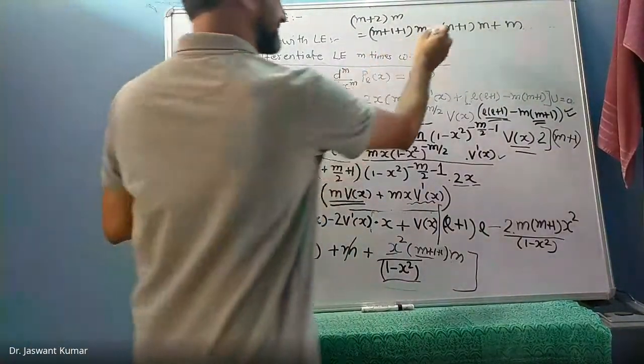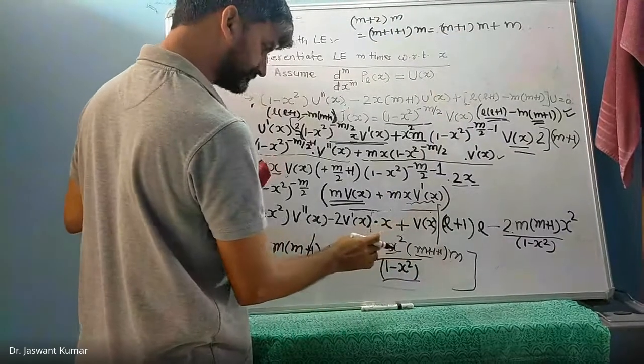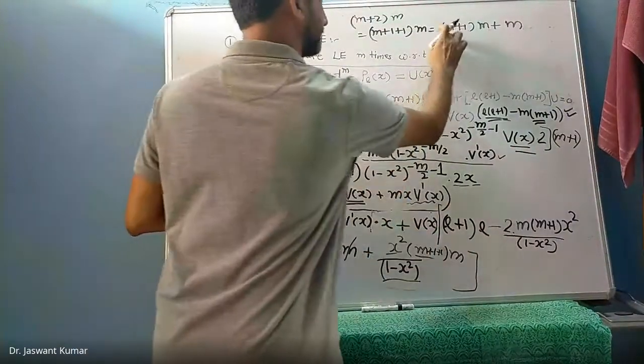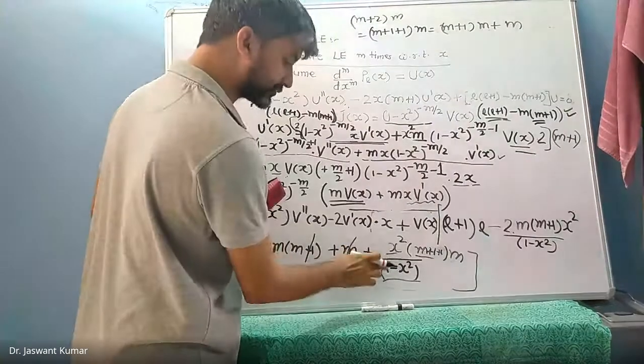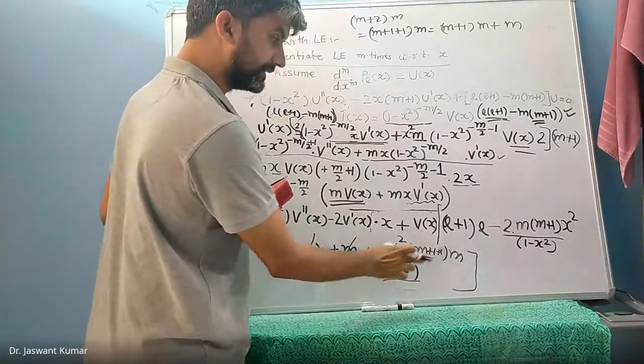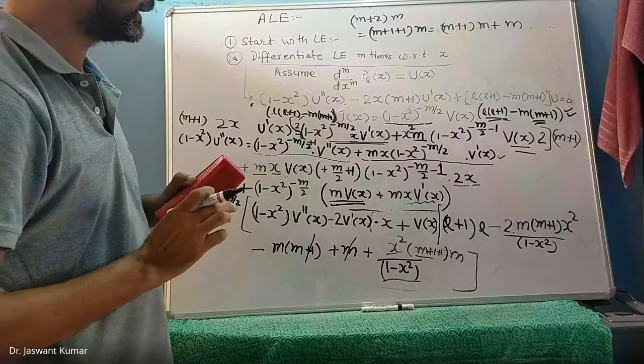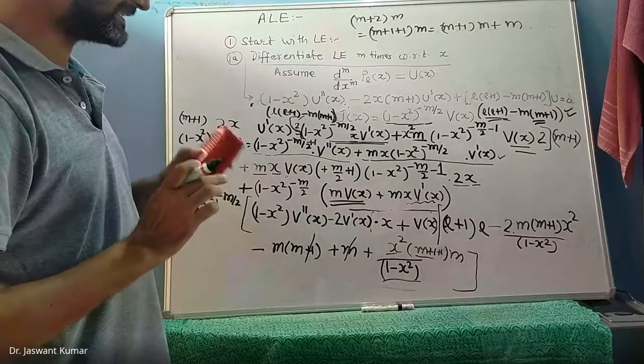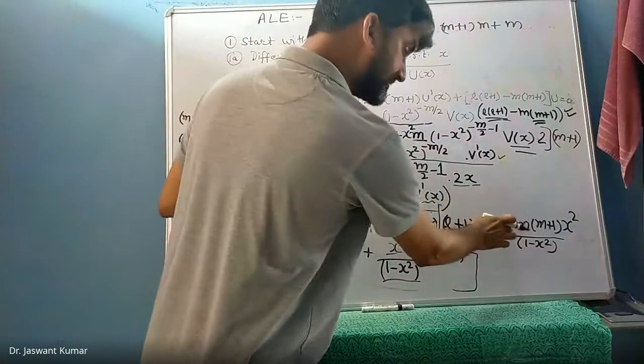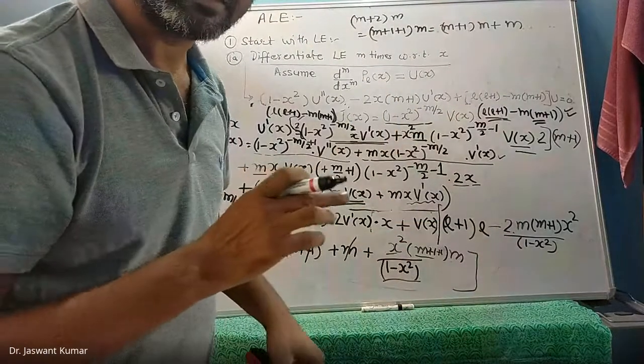So this m plus 1 times m times x square divided by 1 minus x square gets combined with this, and what is left is that this minus 2 now becomes minus 1.